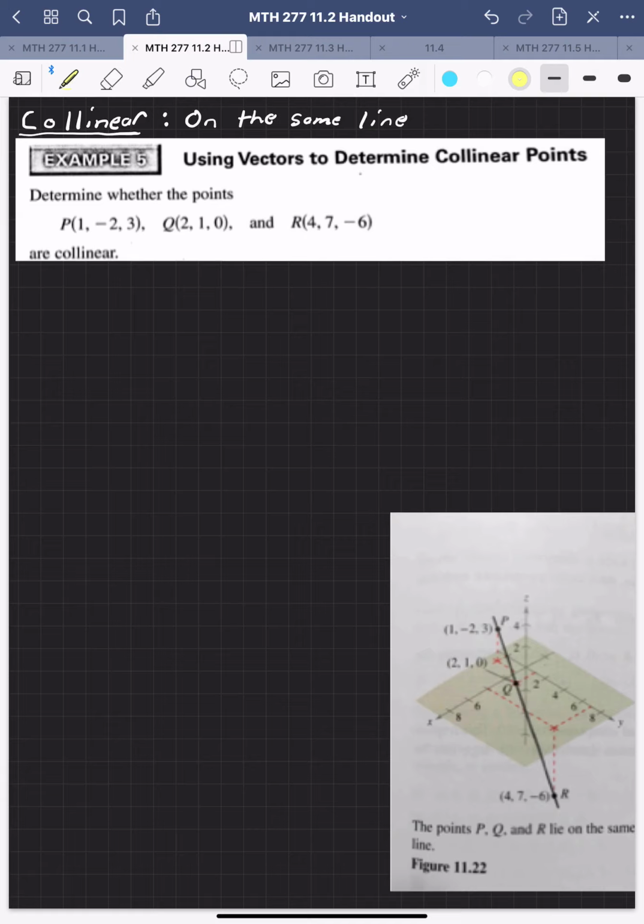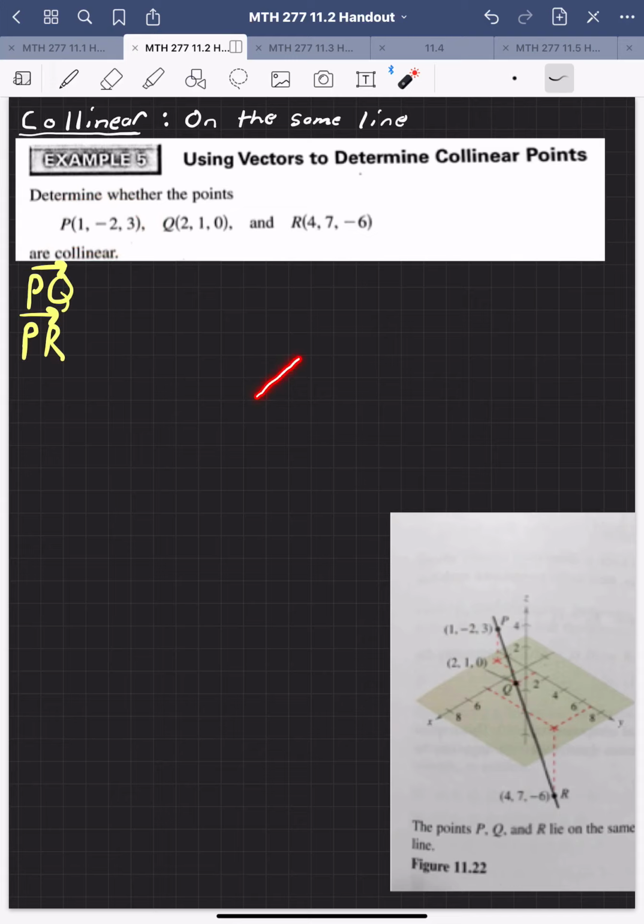I'm going to think about this as two vectors. I'm going to think about a vector moving from P to Q, and a vector moving from P to R. Does it make sense to you? I just arbitrarily chose P as an initial point.